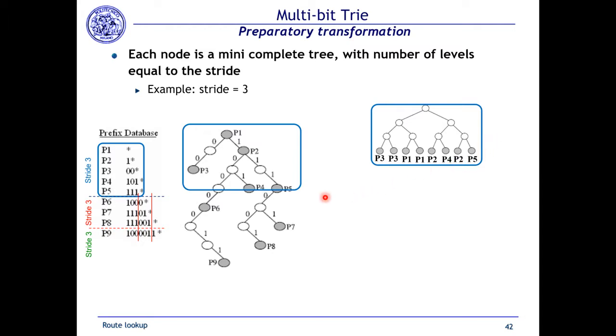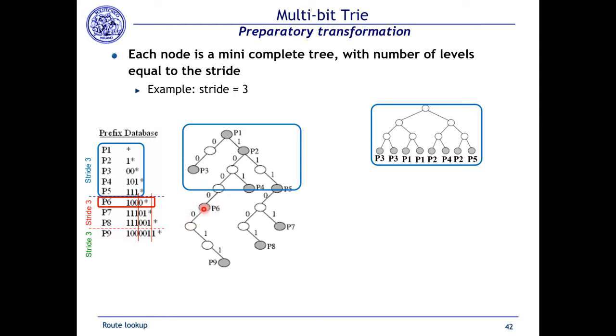Then let's move to the second level. We have another stride, and you can see that this prefix P6 is attached to one node of the previous trie, along a first branch. So we have to take the subtrie connected to this branch.